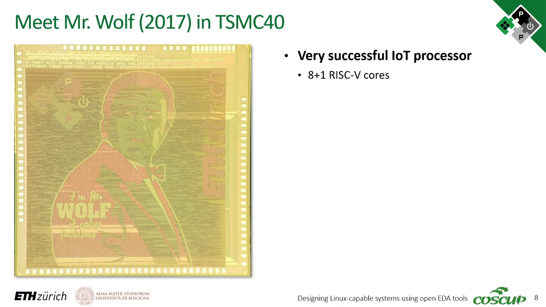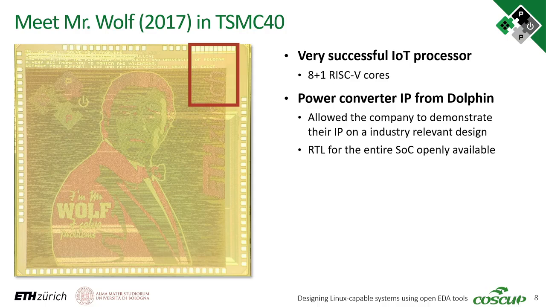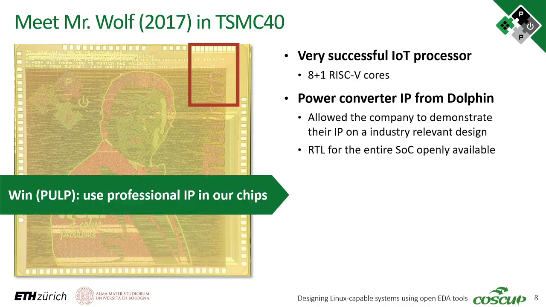So let's take a look at one of these chips. For example, here is Mr. Wolf in TSMC 40. As part of this chip, we had this power converter IP from Dolphin. And this has quite a few advantages. We can actually get to use professional IPs that have been pretty well tested and designed by actual professionals.